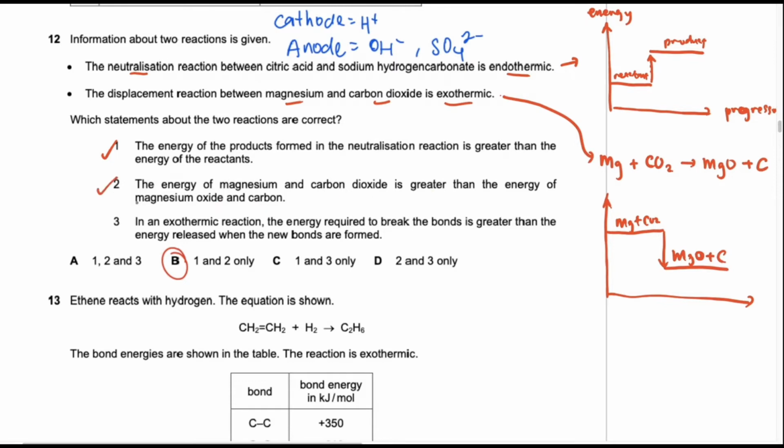Which is true? In an exothermic reaction, the energy required to break the bond is greater than the energy released when the new bonds are formed. You see the formula: delta H equals bond breaking minus bond forming.